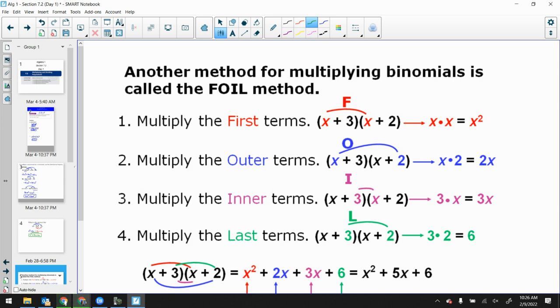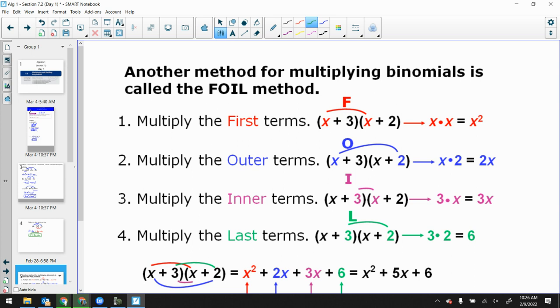F standing for first. O standing for outer. I standing for inner. L standing for last. First, outer, inner, last. Take a look at the example that we have, x plus 2 times x plus 3. My first terms are just the first terms of each binomial. My outer terms are just the outer terms of each binomial.